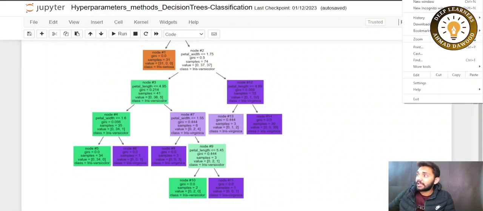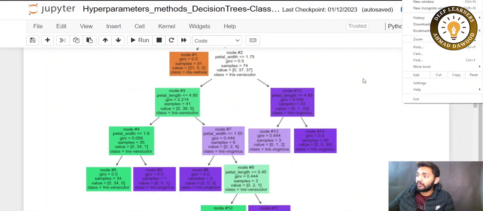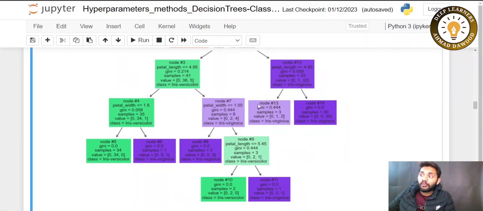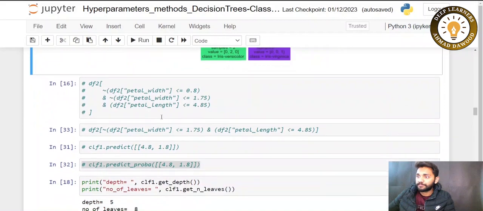The reason, which I will show you in a while, is that there is no valid partition available here on the basis of which it can split. So that's why it has not performed the splitting here.